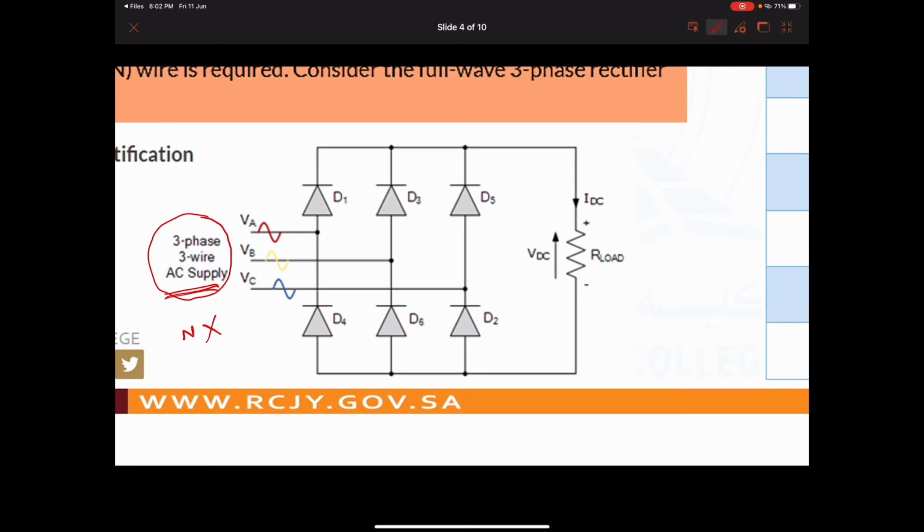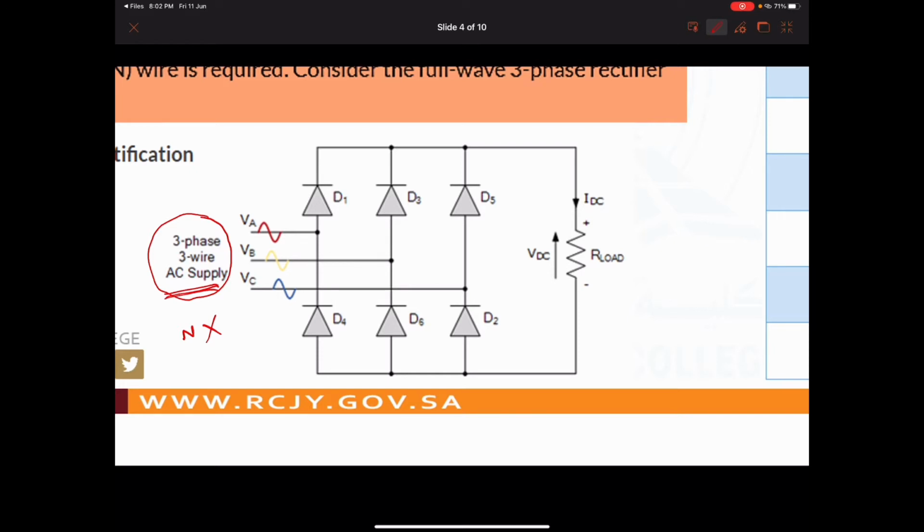Khalas, no longer. It was in the 3-phase half-wave rectifier. Here we don't have the neutral because the negative part of the waveform is going back to the supply through the phases, not through the neutral. That's why we are using a 3-phase, 3-wire AC supply.